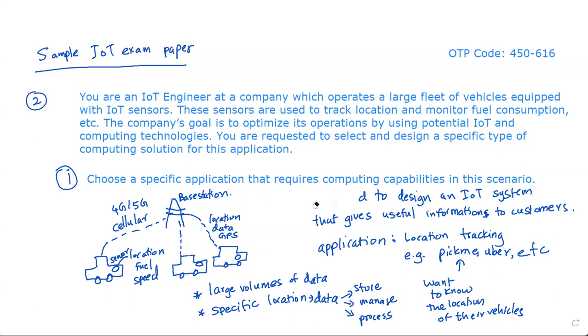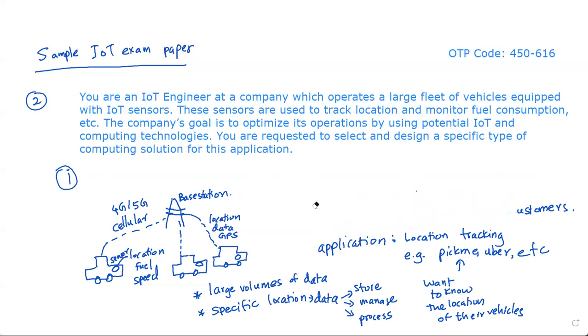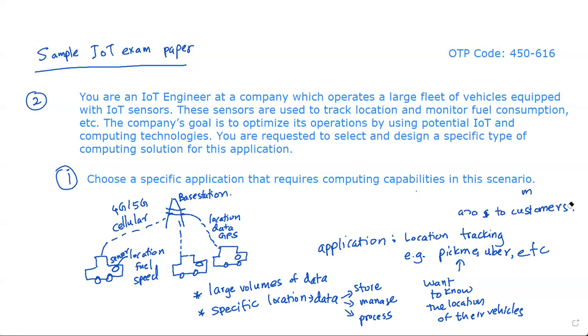So we can propose different applications for this scenario, right? The example applications that we can propose are like location tracking, which is one example that we can propose.